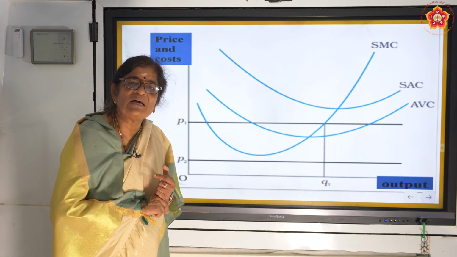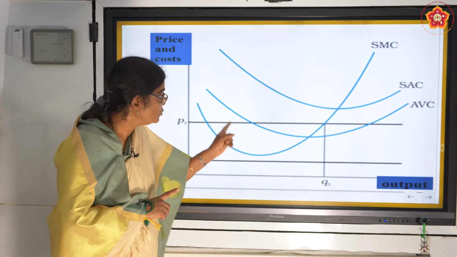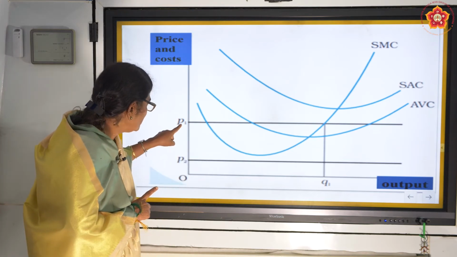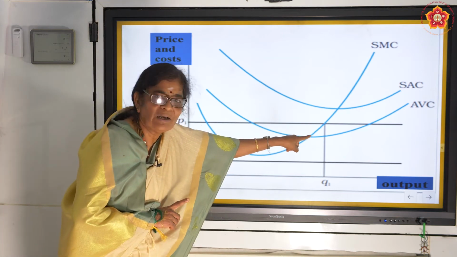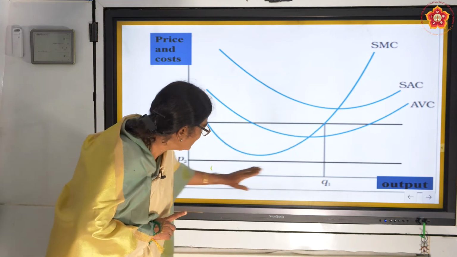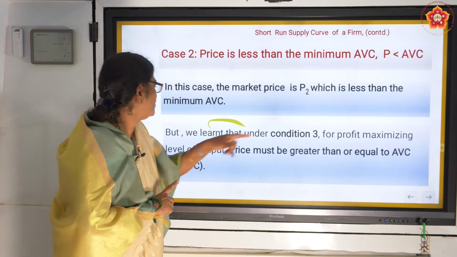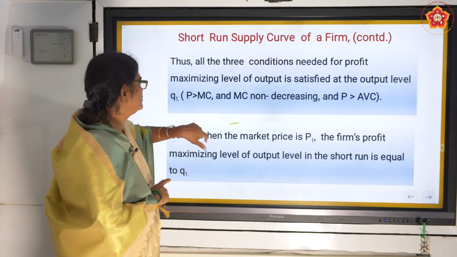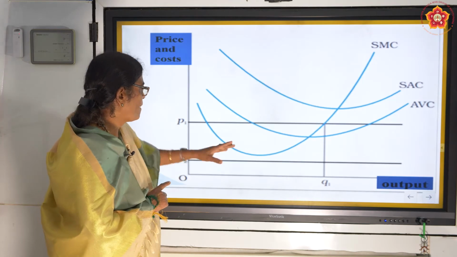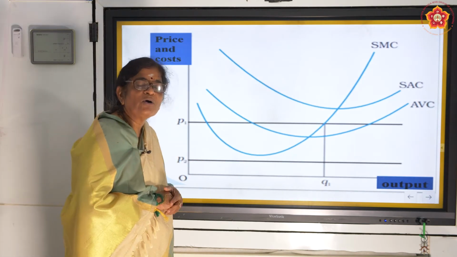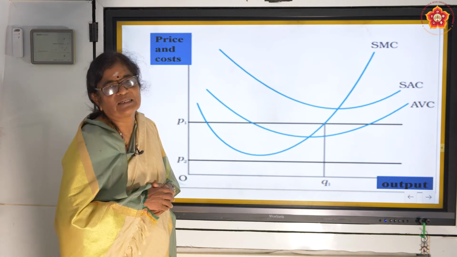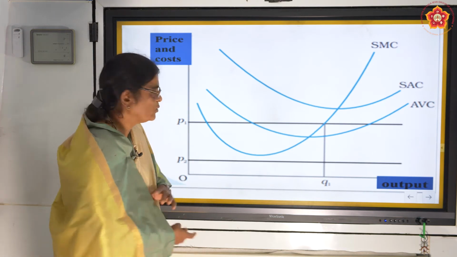For a positive level of output by the firm, P should be greater than ABC. P1 is fulfilling that condition. P1 is greater than ABC. But P2 is all the way less than ABC. Therefore, what is going to happen? The firm is going to produce zero output, or you can say the firm stops production. Stops production means, in other words, zero output.